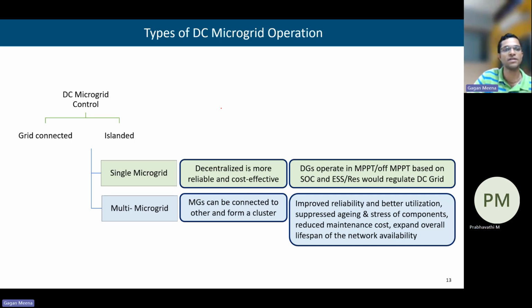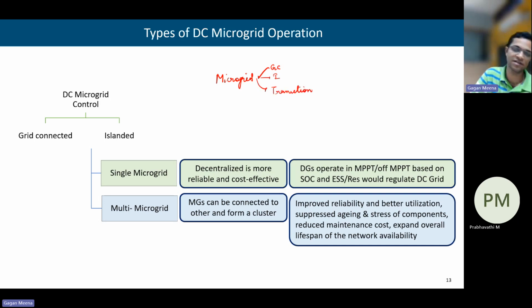So next is the types of DC microgrid operations. Here we have two. We've already seen in the previous sessions that any microgrid can operate in three modes: grid connected, islanded, and in transition.